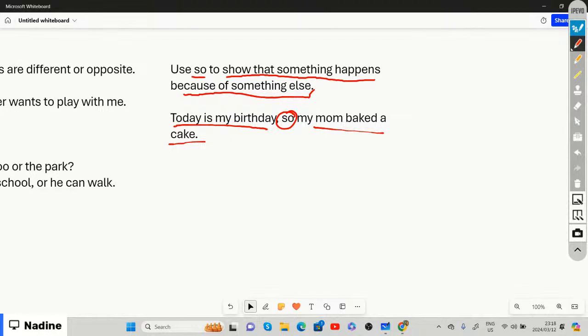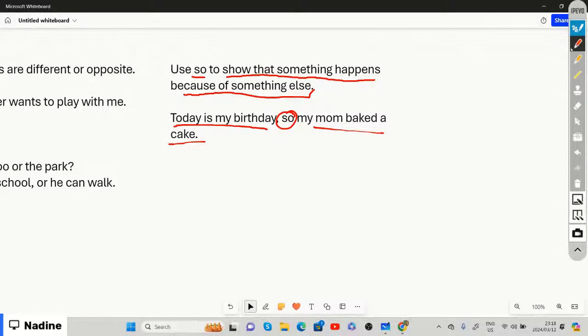We went to the beach. So we went to the mall. So we went to a restaurant, right? So we use the conjunction so to show that something happens because of something else, right?